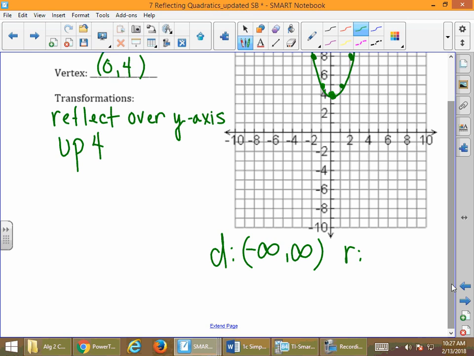The range deals with the y values, and when we're looking at the range, we're asking ourselves, do we have a high point, do we have a low point on the graph? And in this case, we have a low point on the graph at 4. And our graph then is going to continue to go upward. So our range is going to be 4 to infinity. We were working with that in last week's work, and I don't want you to forget all about it as we are moving forward here.